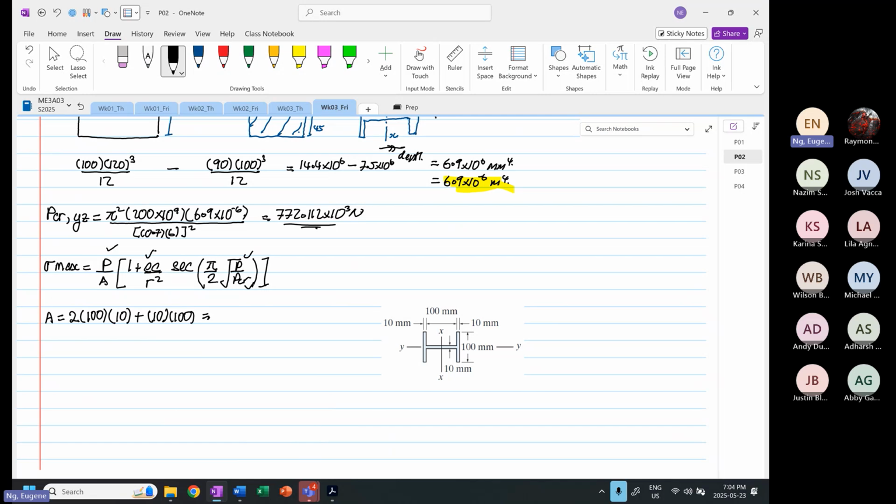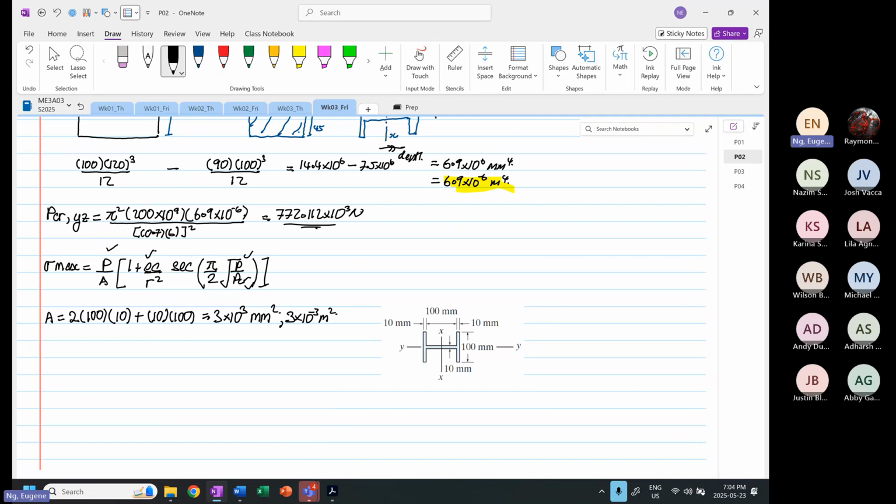So this will give us an area of 2 times 100 times 10 plus 10 times 100, which is equal to 3000, or 3 times 10 to the power 3 millimeter squared. If we change to meters, it's 3 times 10 to the power minus 3 meter squared.